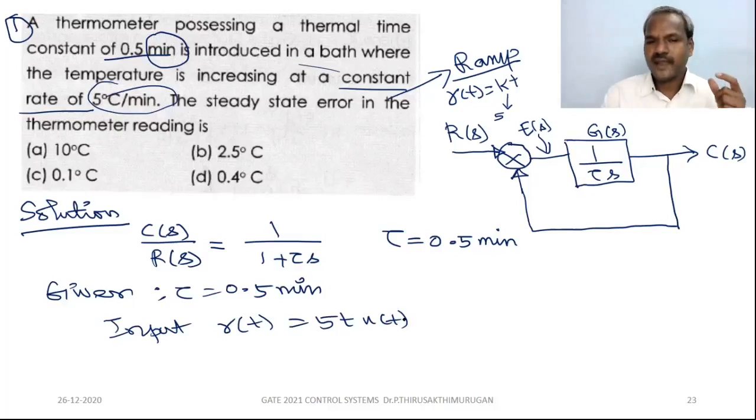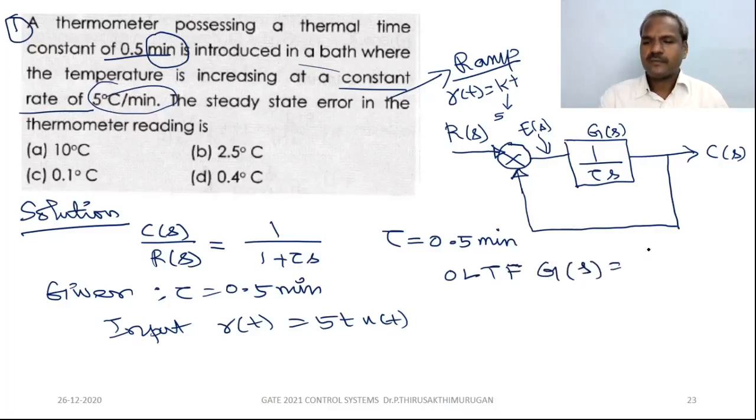So we have to find the steady state error. First, find the velocity error constant. Understand or not? The open loop transfer function is G of s equal to 1 by tau s.